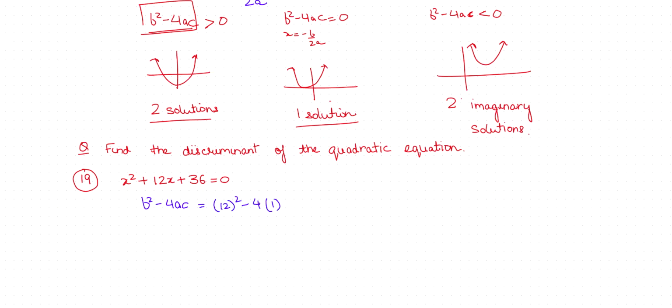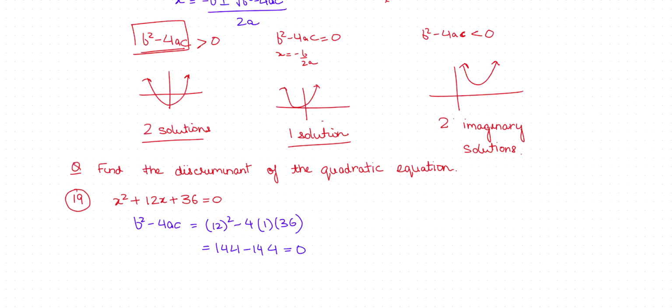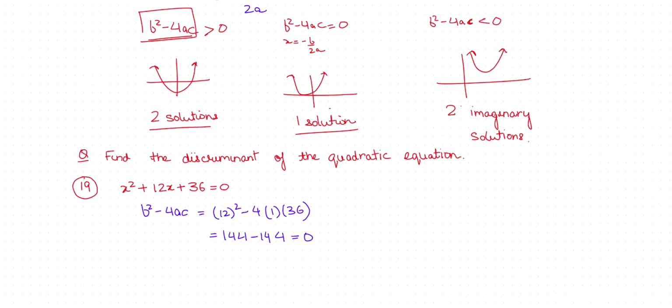So this is equal to 144 minus 36 times 4, which is equal to 0. When it is equal to 0, it means we have one real solution.